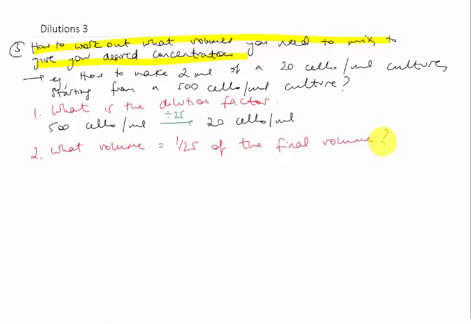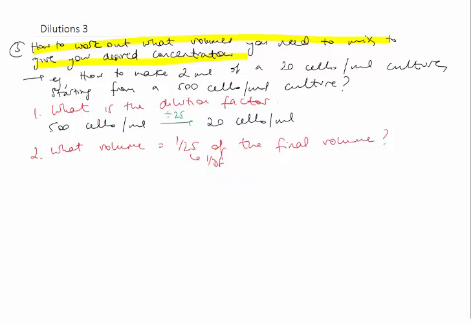So we know the total volume, and we want to know the volume of the concentrated starter solution. In this case it's 1/25, so we could say this is 1 over the dilution factor. Let's work through that.